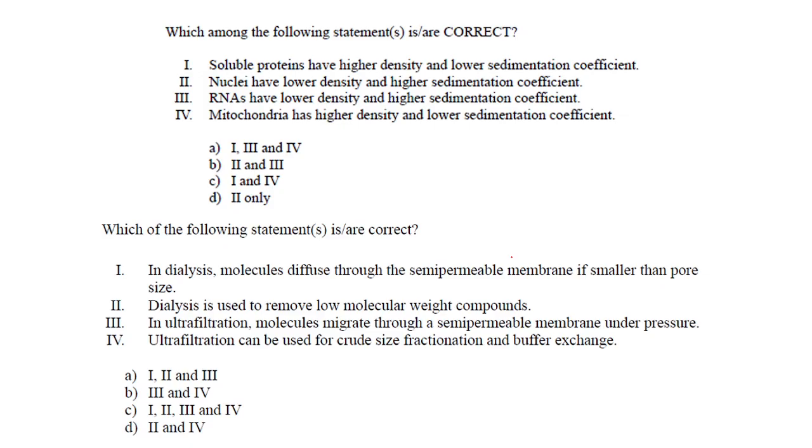Which among the following statements is correct? Soluble proteins have high density and low sedimentation coefficient. Nuclei have lower density and higher sedimentation coefficient. RNAs have lower density and higher sedimentation coefficient, and mitochondria.